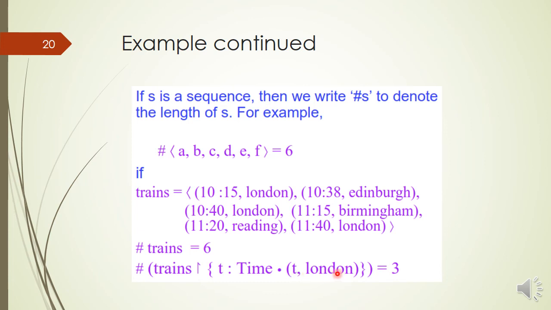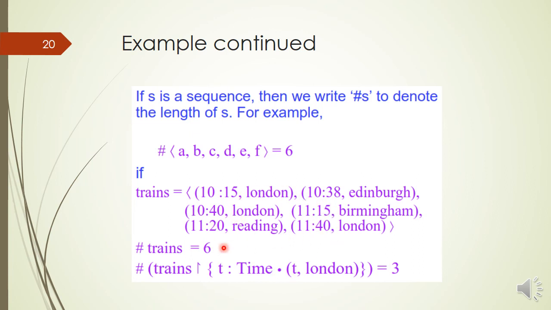And if you want to know how many trains there are in the destination board, then by applying the cardinality operator on the sequence trains, you can get the answer 6. So there are 6 trains on the destination board.